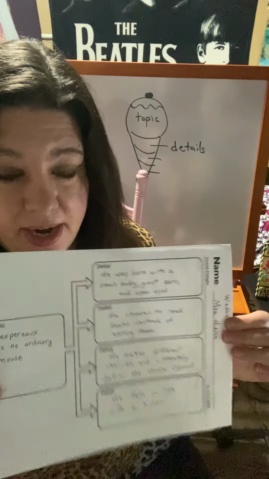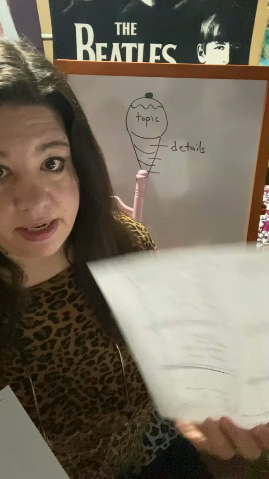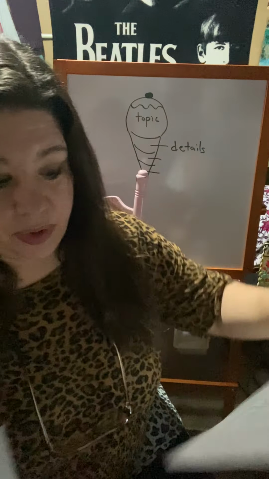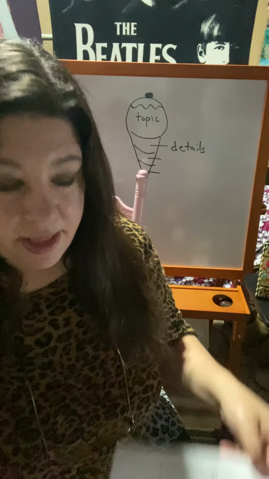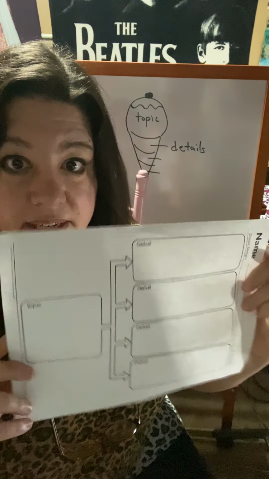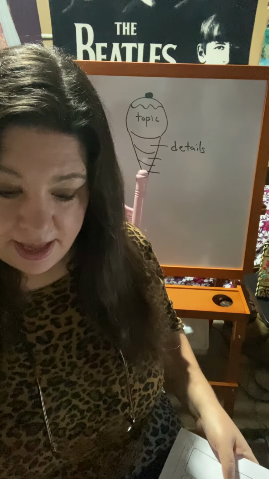Here's the finished product, and we're going to do it together. So here's the finished product, two different topics that I picked, and then the supporting details. So let's do this one first. And let's put our names on there.